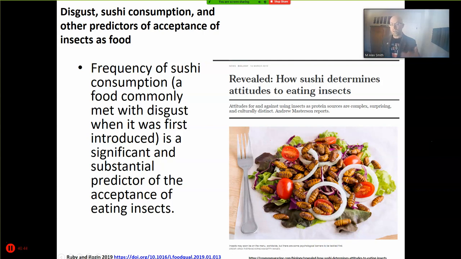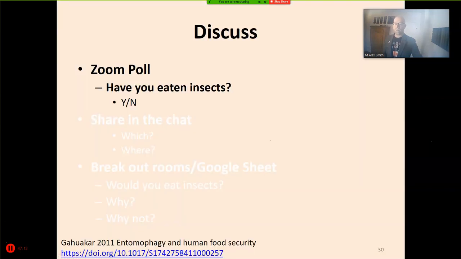In fact, there are some studies, referenced there, and that'll appear in the chat later on, showing that how familiar or open you are to eating sushi is a predictor of how acceptable eating insects will be to you. The frequency of sushi consumption, a food that was commonly met with disgust in the West when it was first introduced, is a significant and substantial predictor of your acceptance of eating insects. So what I'd like to do today is talk amongst ourselves.